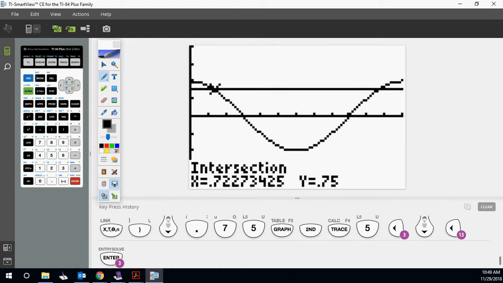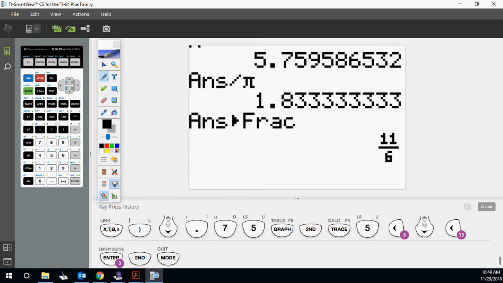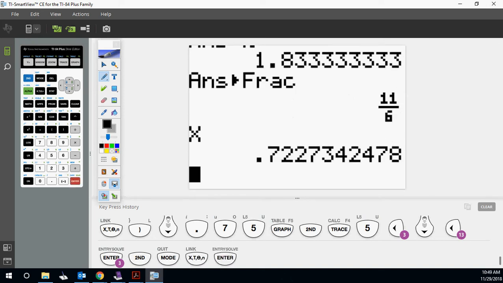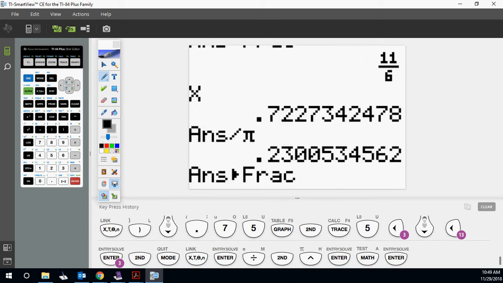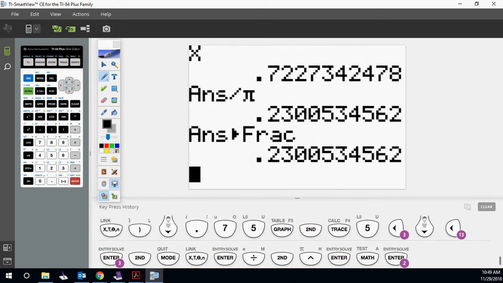Second quit. If I go x, I divide by pi, I hit enter, and then I go math, and I hit fraction. It has nothing for me. So that means it's not an even cut, and that's okay. You're going to take this answer here, and you're just going to put plus 2 pi into it. That's all you have to do.